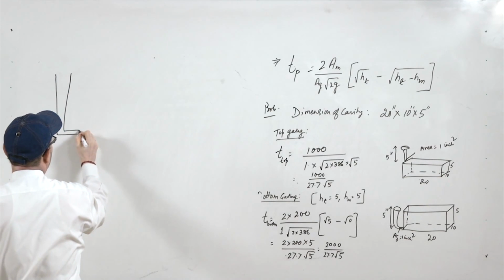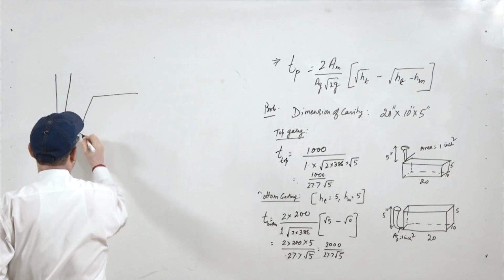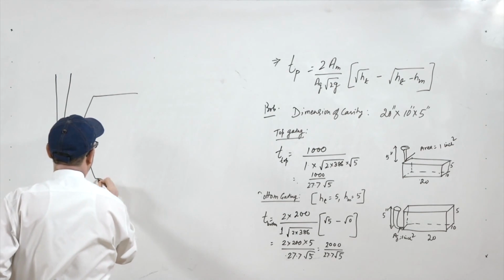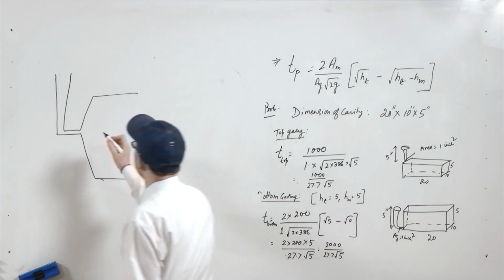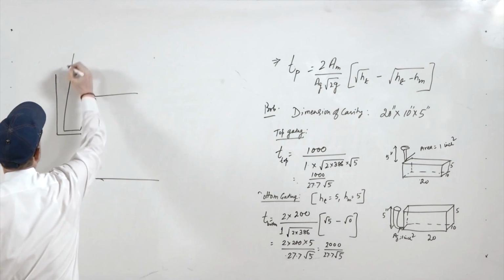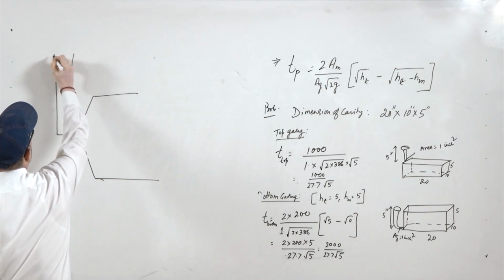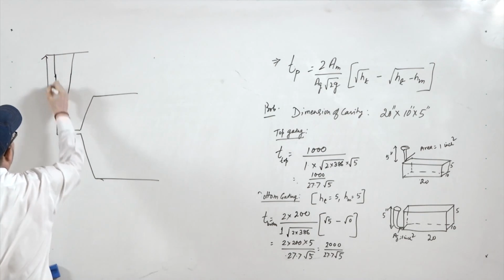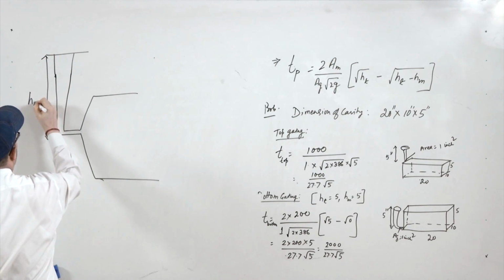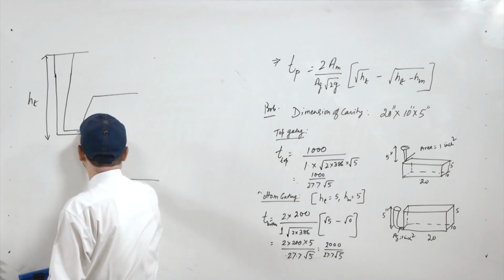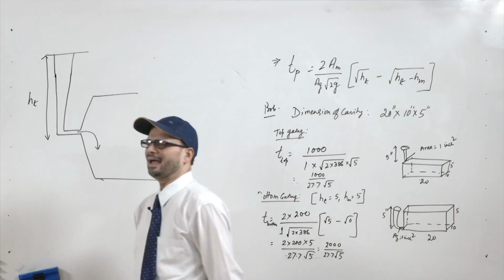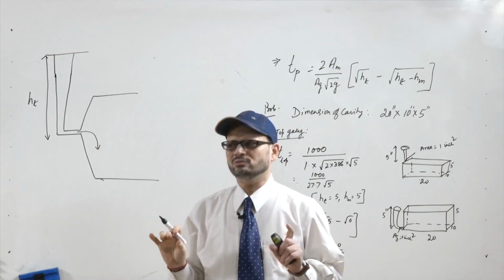Now, we have entry from here. In the case of parting gates, suppose this is a certain head. Now, the metal which will enter will go first and fill the bottom portion.